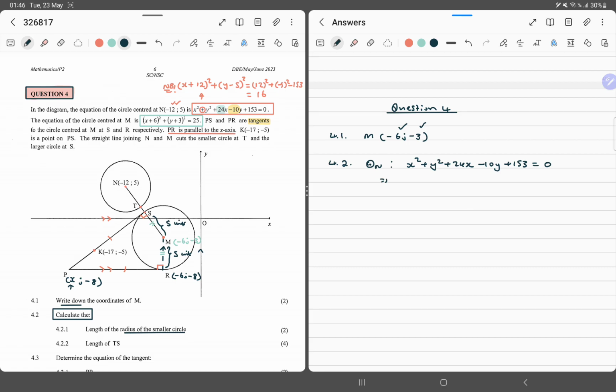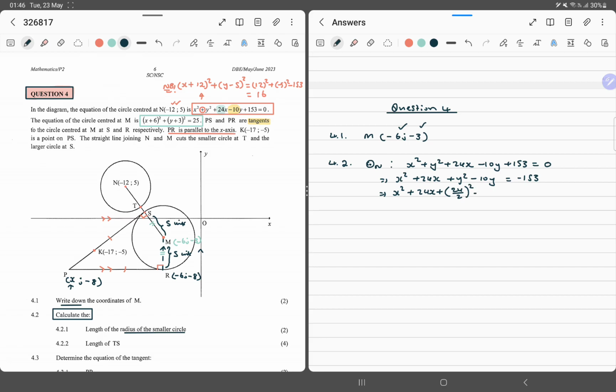This implies we know that we're going to have to complete the square here. So we're going to have x squared plus 24x plus y squared minus 10y is equal to minus 153. We transpose the 153. And then what we do, so please, when they say calculate, no shortcuts, okay? 24x plus, we take that 24, we half it, so it's going to be 24 over 2.